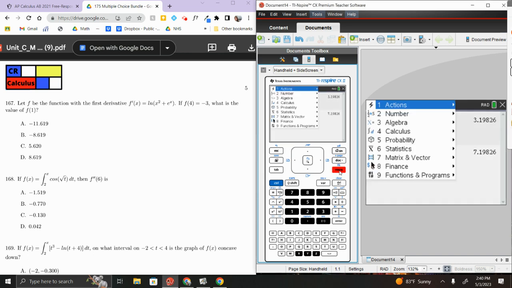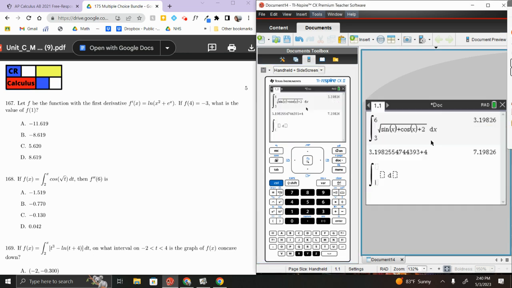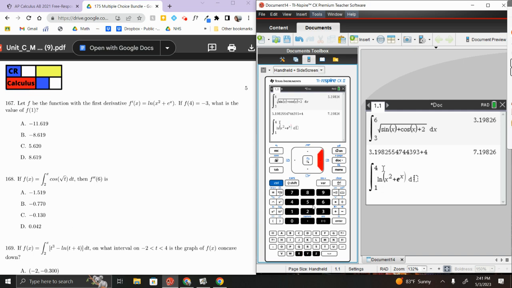So I'm going to set up my integral. This time it's going to be from 1 to 4 of natural log x squared plus e to the x dx.